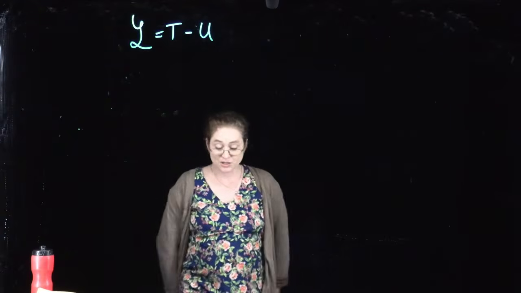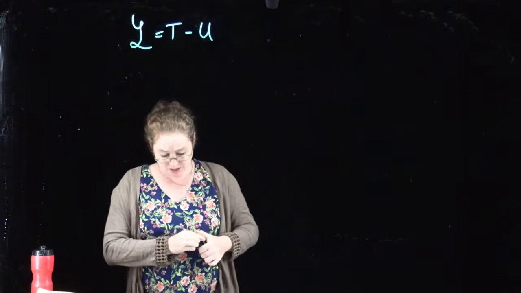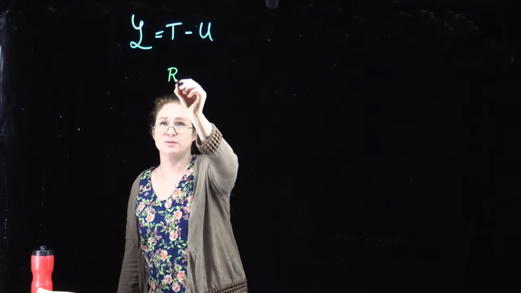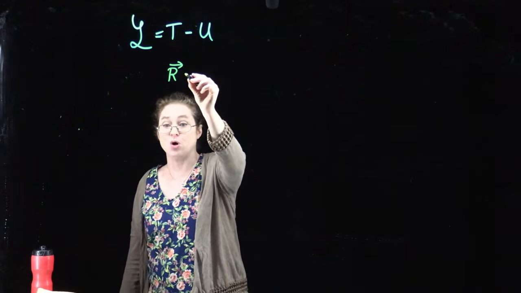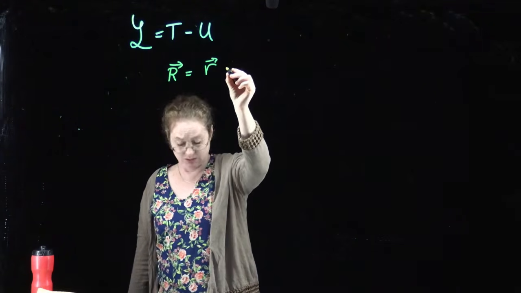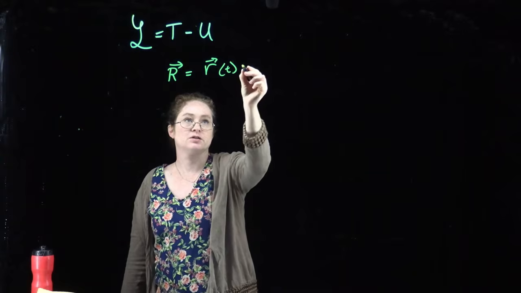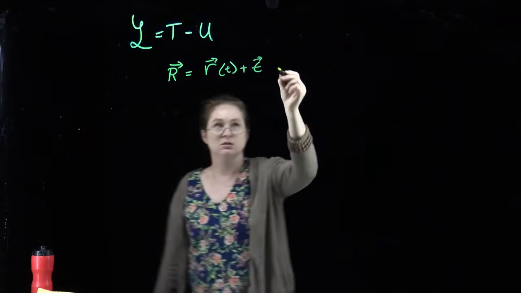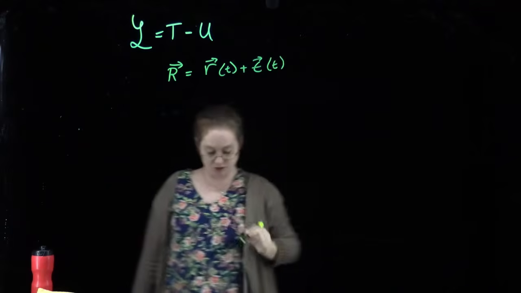Okay, so then the action integral is going to be stationary when we are on the right path. So we are going to parameterize the slightly wrong path as big R plus epsilon, which is a vector, as a function of time.